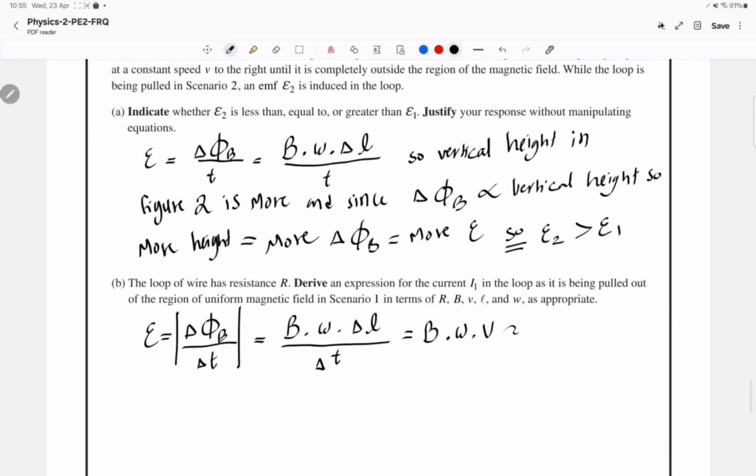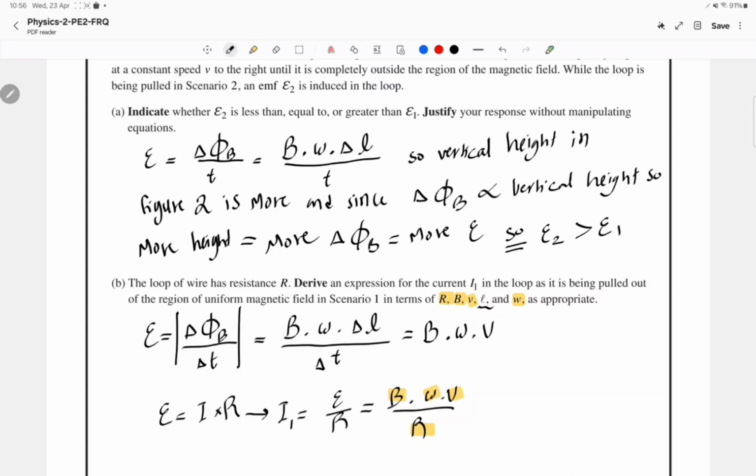So yeah. Now let's see. So now we have all the information that we need, and essentially V is equal to I times R, and so I is equal to EMF over R. This is I of the first loop, so I1, and the EMF is just B W V, so I1 equals B W V over R. So now they said make it in terms of R, which we did, in terms of B, which we did, V, which we did, W, we did.